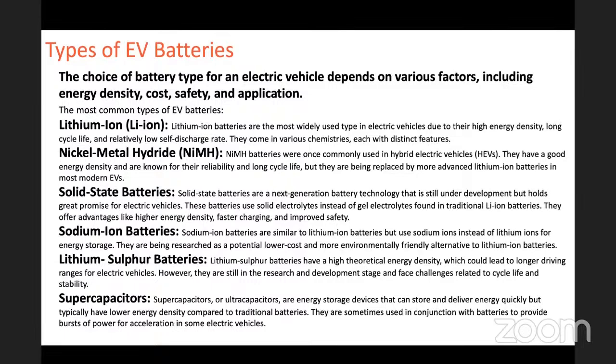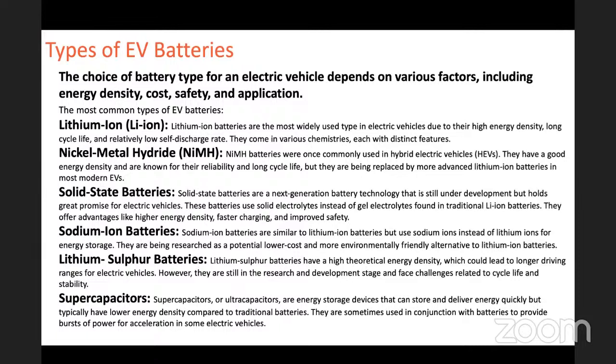And then the solid state batteries, which Genco Solar has already mentioned. These solid state batteries are going to be developed in the future. It is another development, and it will have higher energy density, enable fast charging, and offer improved safety compared to lithium-ion batteries.